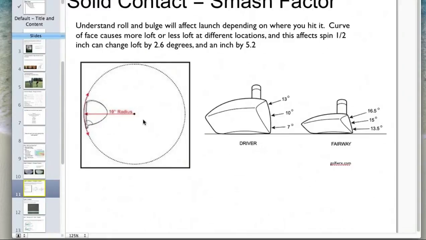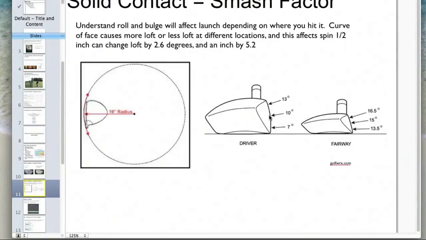So for drivers, they're typically going to have a curve in both directions of about a 10-inch, 11-inch circle, something like this. So you can see that the club face basically would fit right on a circle, and that actually helps straighten out mishits. But what you can also see is that if the loft on the club says 10 degrees, there's a decent chance that that 10 degrees is right in the middle of the club.